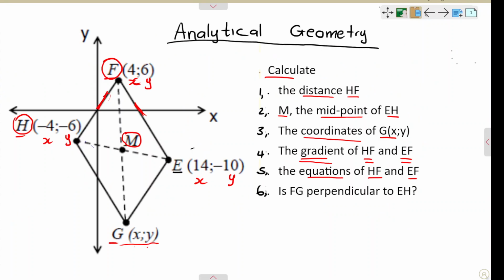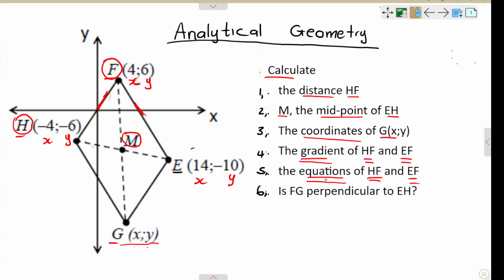Okay, so the second last question says let's calculate the equations of HF and the equation of EF. We are going to need this method to calculate the equation, because in the next topic, which is the topic on functions, we're going to do a lot of calculation of equations for the straight line graph.